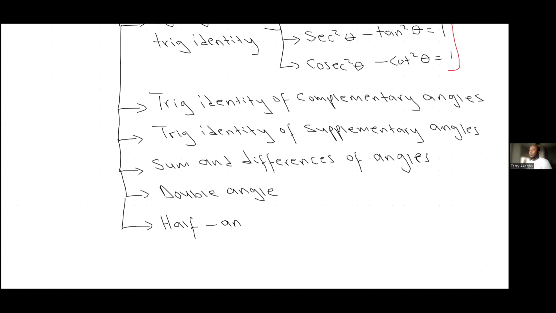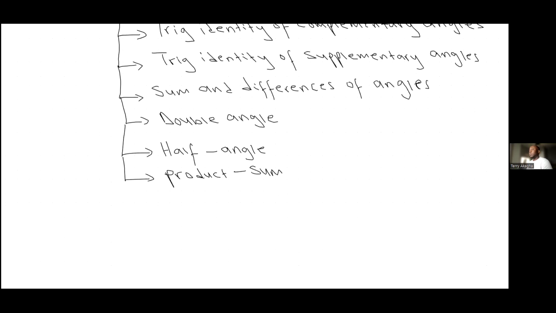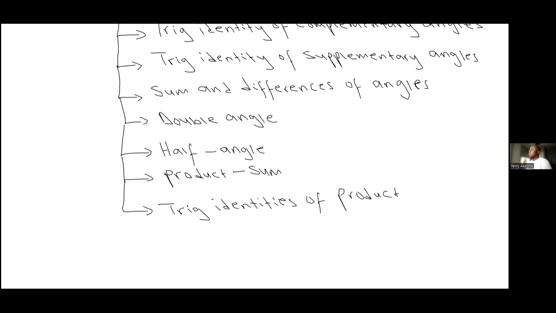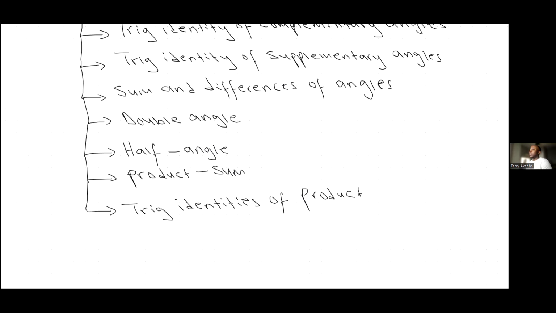Then we have product and sum. And we also have trig identities of products. All right. So these ones, we've talked about them already.